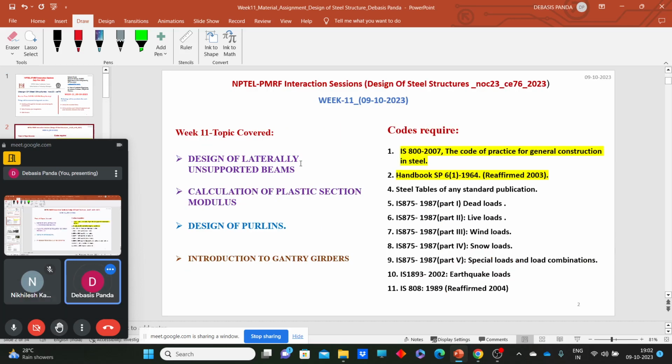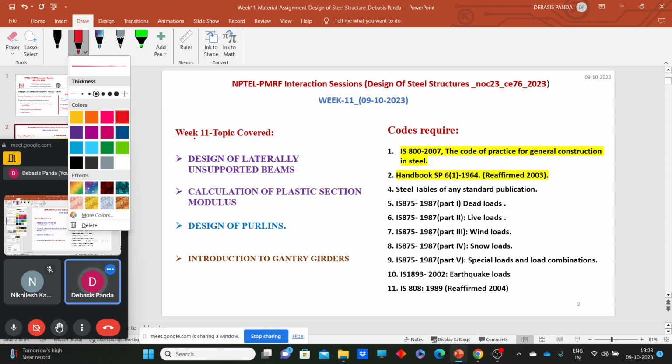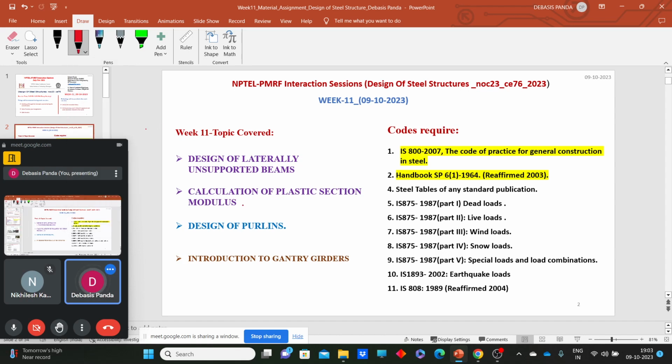During the last interaction session, we learned how to design laterally supported beams. Today, first, we will revisit laterally unsupported beams and how to design them. Then we will spend some time on how to calculate the section modulus.